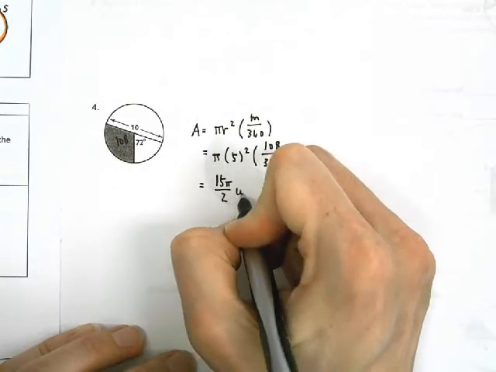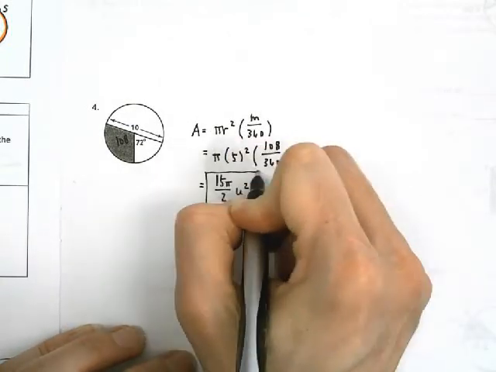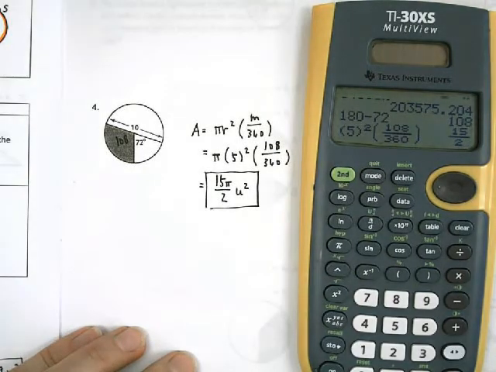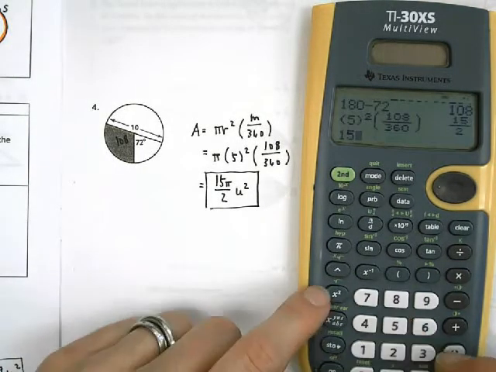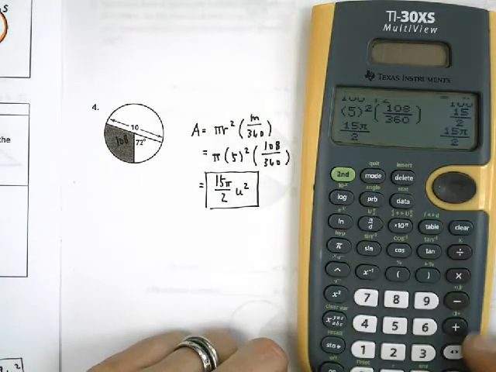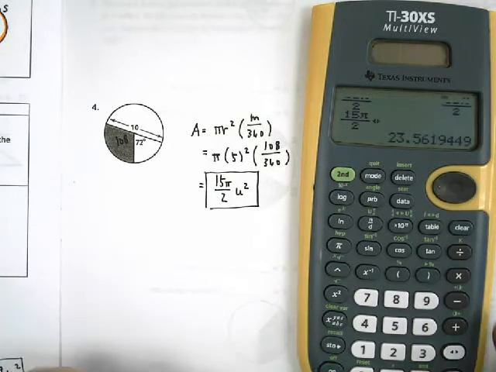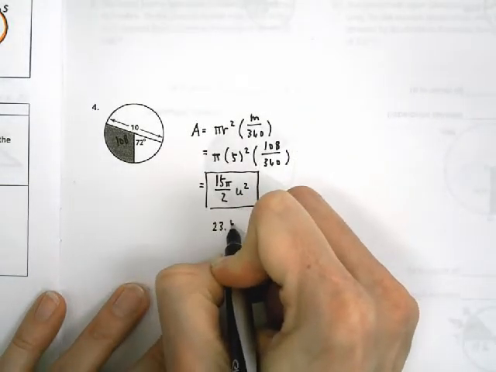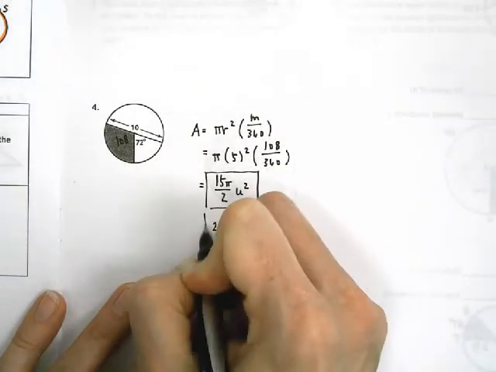And I don't have units. I'm just going to put u squared for my units. Now, I need my answer rounded. So I'm going to do 15 pi over 2 to get 23.56 units squared.